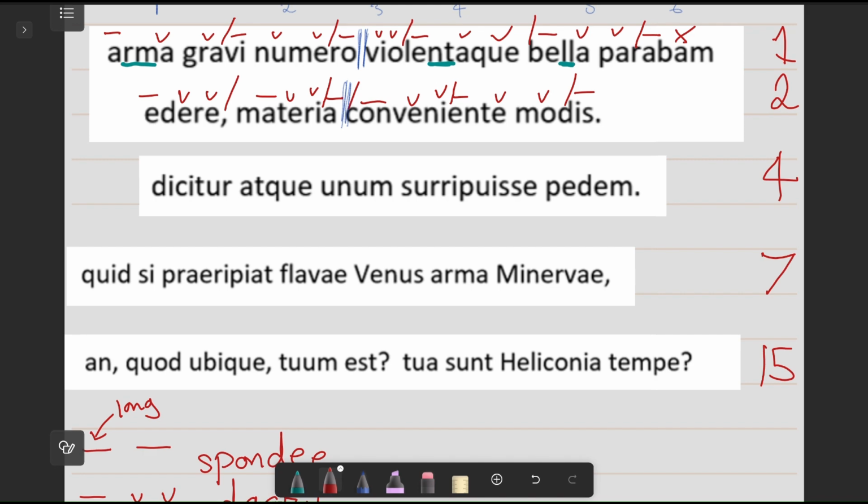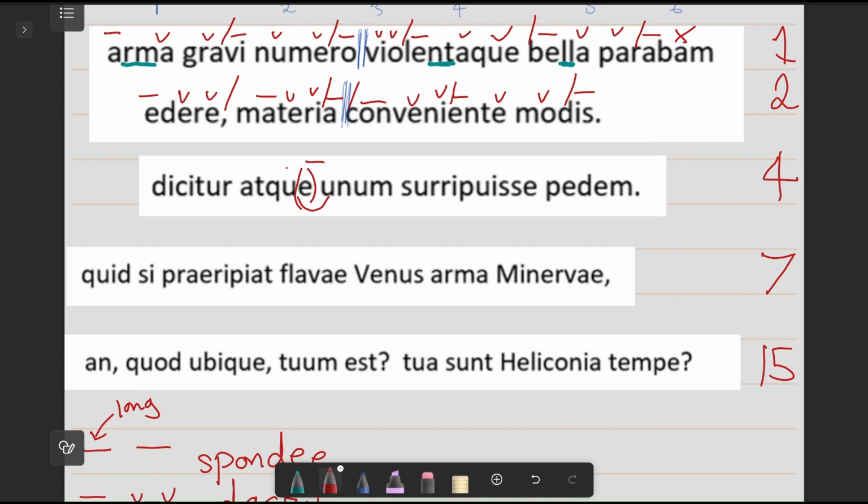Dicitur atque unum surrepuisse pedem. And this one does have elision. Atque unum. That e and u, we don't want them together. So we are going to elide them, and the e is not going to be sounded, so it will be atquunum. And if they are elided, then typically it will be long.